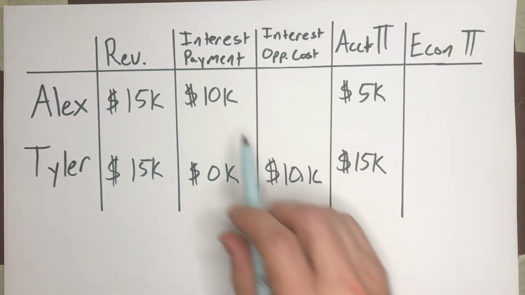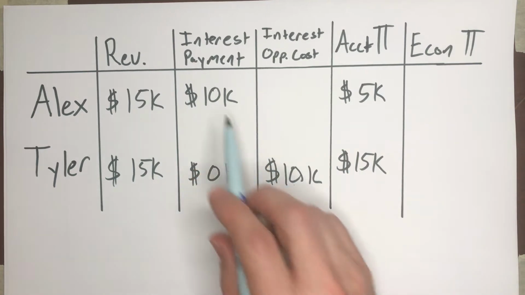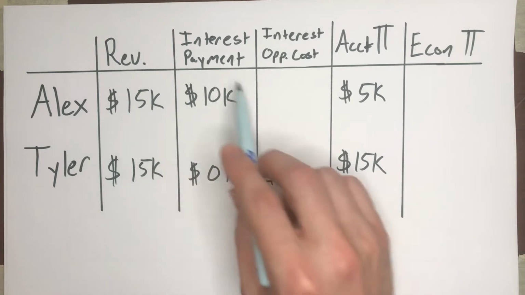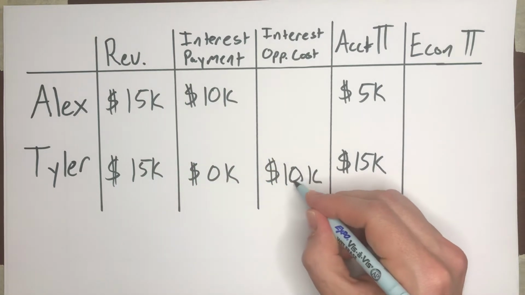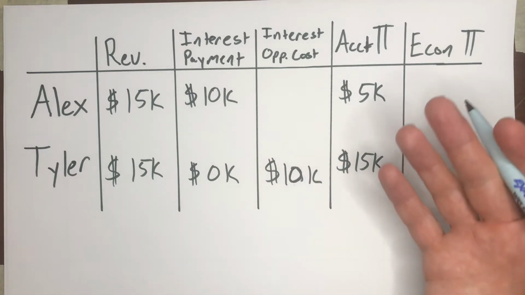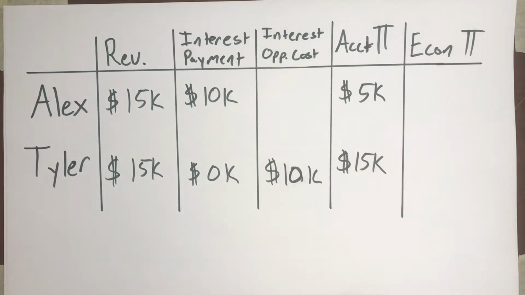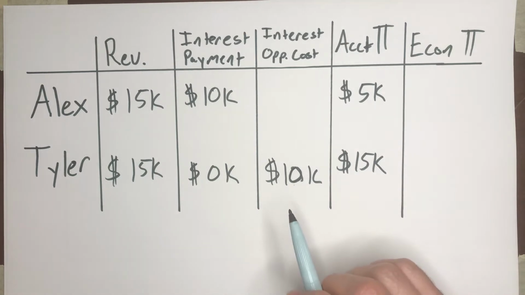So notice he has the same cost of capital as Alex does. It's just that Alex is having to pay that money out of his own pocket. For Tyler, the $10,000 is an opportunity cost. It's $10,000 a year that he's giving up receiving from the bank because he put the money into drilling his oil well.